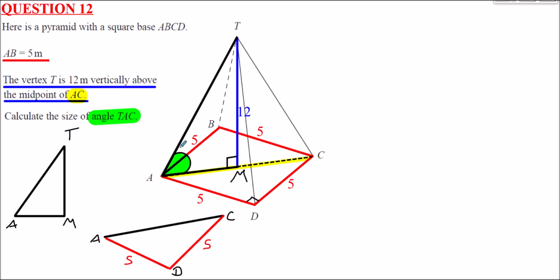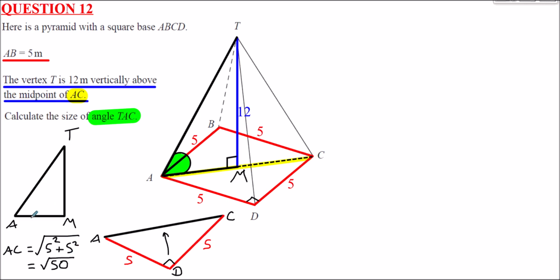So we can use Pythagoras for this, to be honest. So AC, which is hypotenuse because it's opposite to the right angle D, it's going to be the square root of these other two sides square rooted and added together. So it's going to be 5 squared plus 5 squared, which equals root 50.